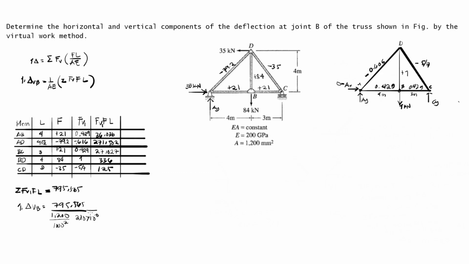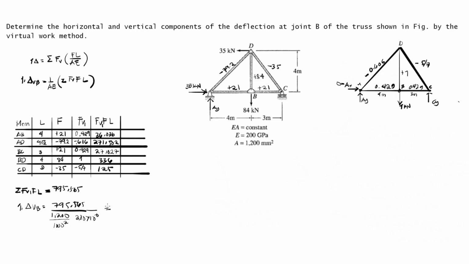Gawin natin kilonewton per square meter. Okay? So, ano yung lalabas sa sagot natin dito? So, 795.565 divided by 1,200 divided by 1,000 square times 200 times 10 raised to 6.